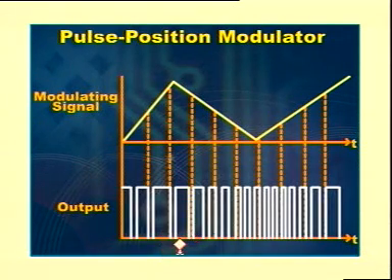During positive half cycle of the modulating signal, what happens? The pulse on time period increases and off time period decreases. During negative half cycle of the modulating signal, the pulse on time period decreases and off time period increases. In this way, the pulse position changes in accordance with the modulating signal.